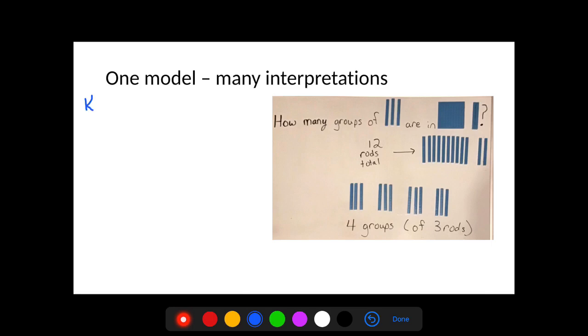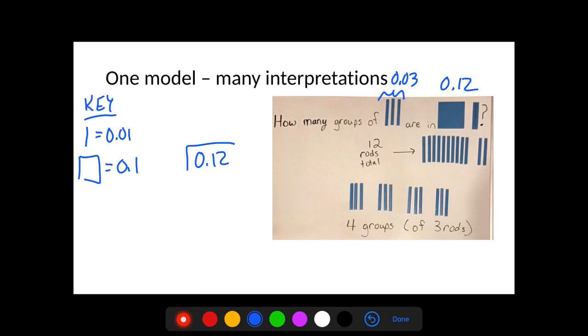One more time just to drive the point home. Let's have the rod be 1/100th, and then the flat will be 1/10. So we have 3/100ths, and we have 12/100ths over here. 12 rods, 4 groups of 3. Here's our division problem. I can move my decimal point 2 places to the right, and I end up with 12 divided by 3, and this is 4.